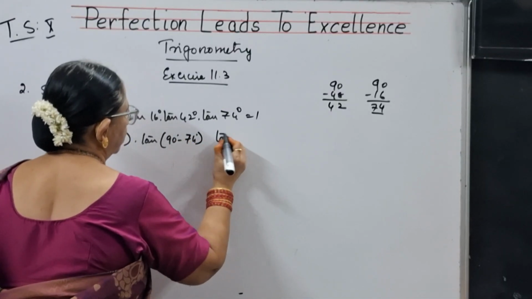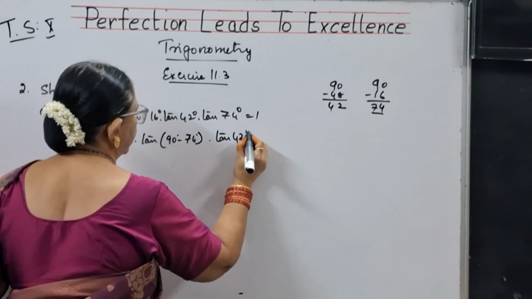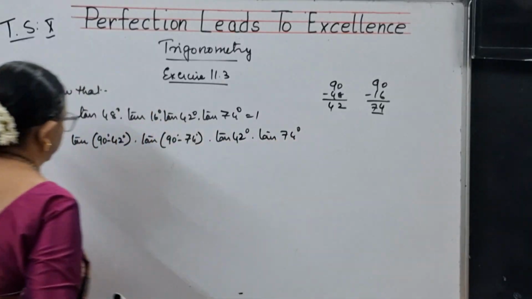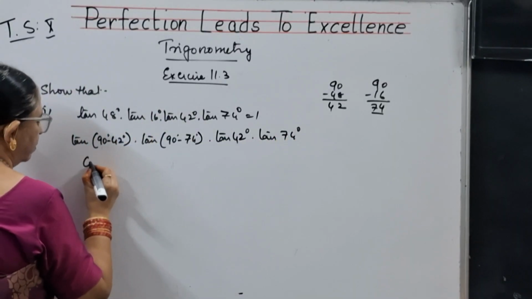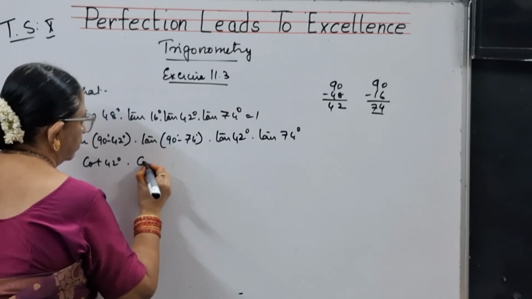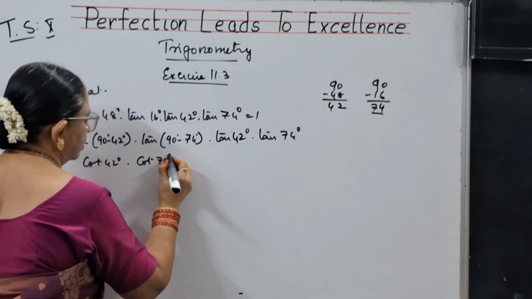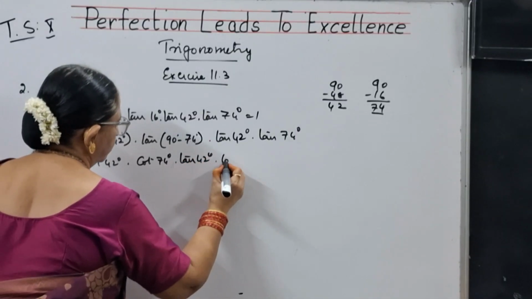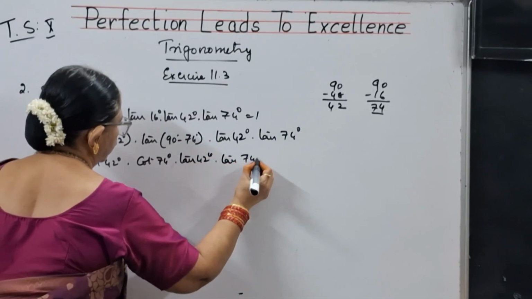Then the next two you write like that only, tan 42 degrees and tan 74 degrees. So this is nothing but cot 42 degrees into cot 74 degrees into tan 42 degrees into tan 74 degrees.